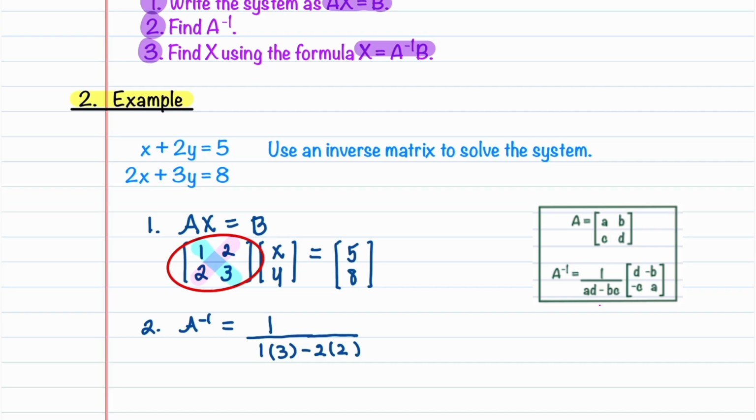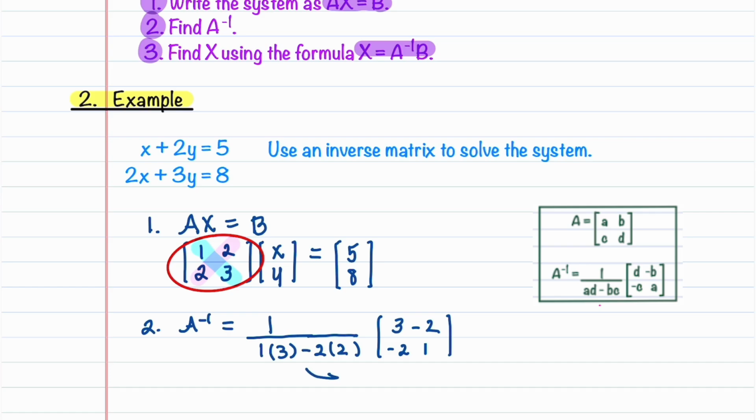And then we have a matrix, and inside this matrix, we take the main diagonal elements that I highlighted in blue, and we switch them. So the 3 goes here, and the 1 goes here. And then our off diagonal elements, which I highlighted in pink, they get a negative. So we have a minus 2, and a minus 2.